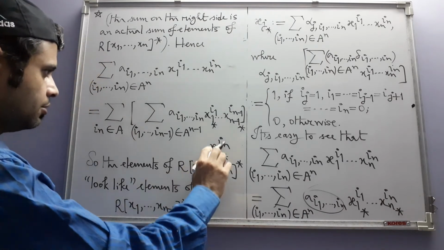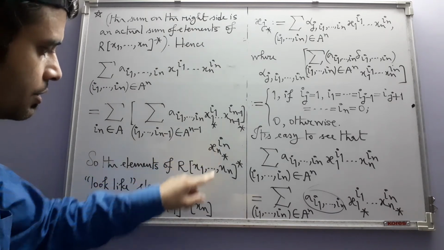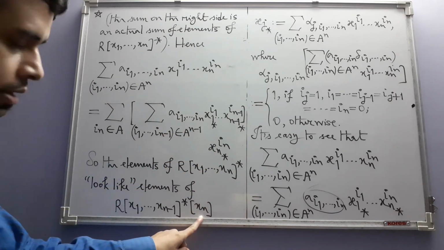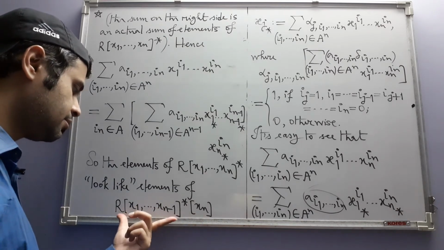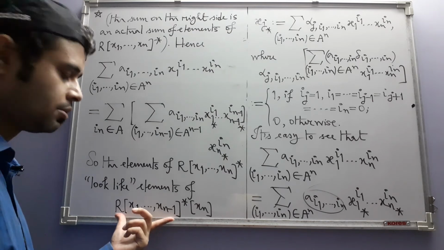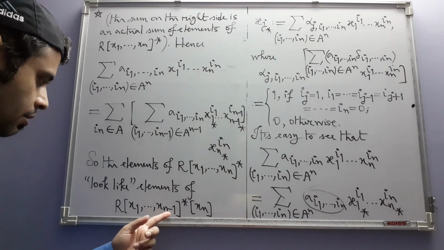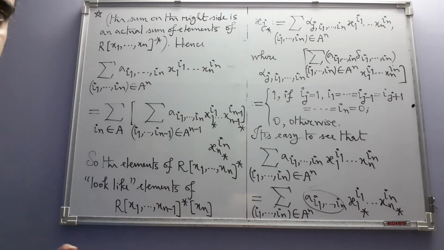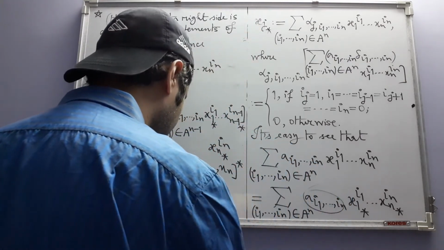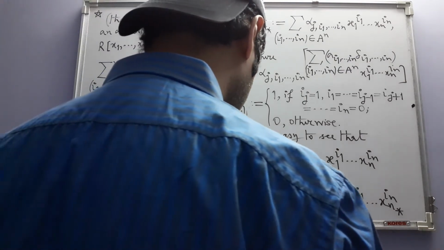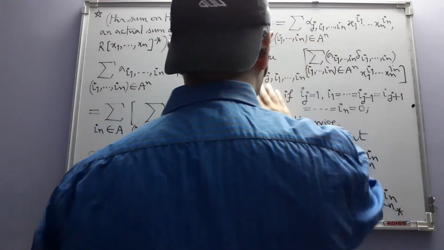Okay, so this looks like a polynomial in xn star or some other variable xn, where the coefficients are elements in this, which is again a ring like this, only the number of variables is less by 1. And this is the observation that will help us in setting up that isomorphism.